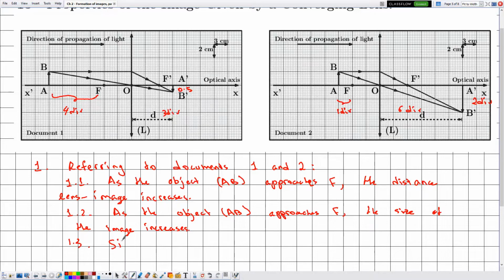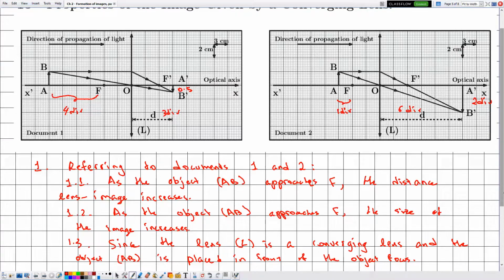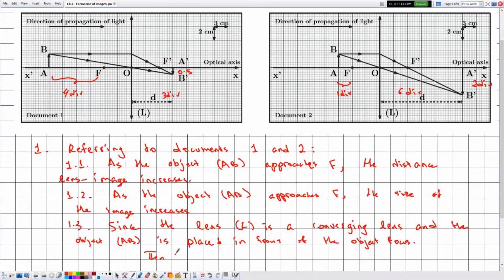Then we can say that since the lens L is a converging lens, and the object AB is placed in front of the object focus, then the image A prime B prime is real.